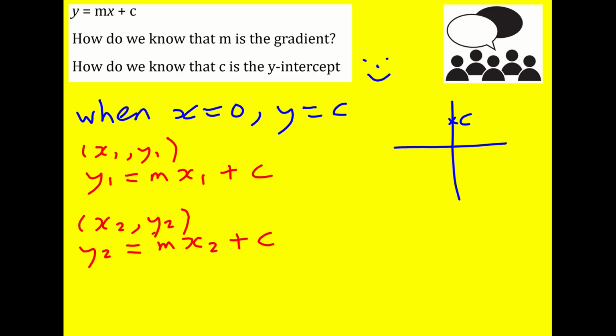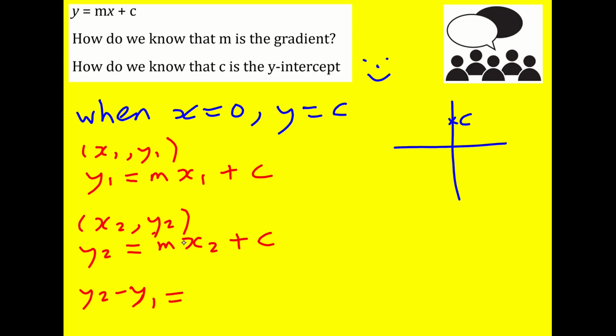How does that help? What I'm going to do now is use an idea from simultaneous equations. I'm going to take the bottom equation and subtract the top equation. So I'm going to subtract the left-hand sides, and I'm going to get y2 minus y1 on the left-hand side.